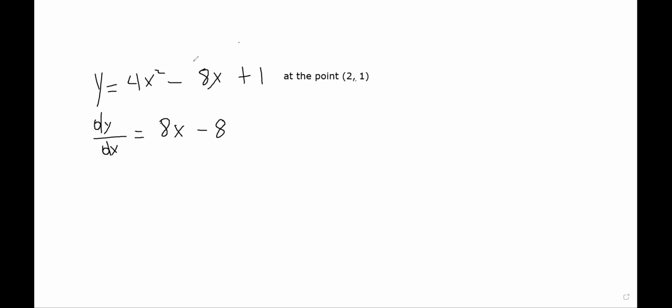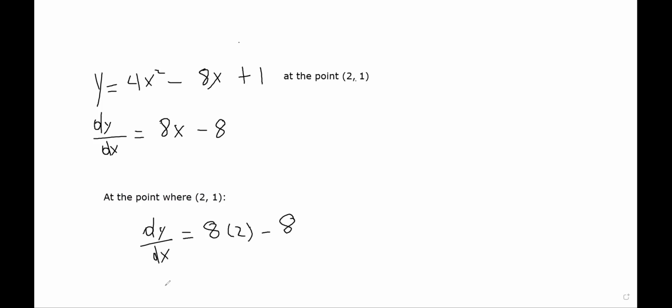So we can say at the point where x is 2 and y is 1, our gradient, which is dy over dx, is going to be equal to 8 times our x value, which is 2, minus 8.